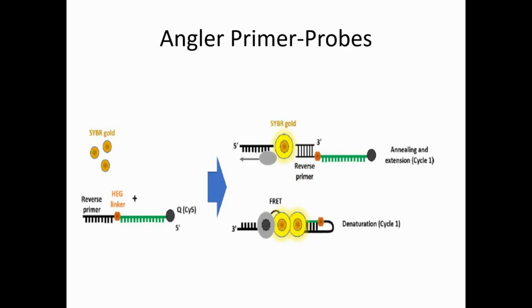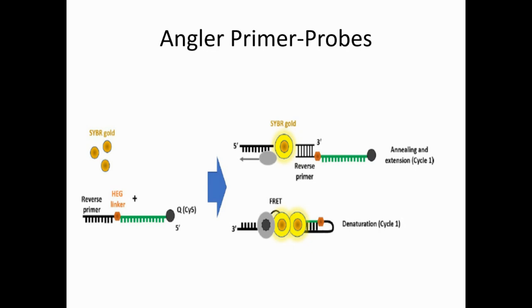It has an acceptor fluorescence moiety at its 5' end, and the SYBR Gold DNA intercalating dye is employed in the assay as a donor fluorescent moiety. In solution, the primer probe does not emit fluorescence because there is no donor fluorescent moiety close enough for the signal.